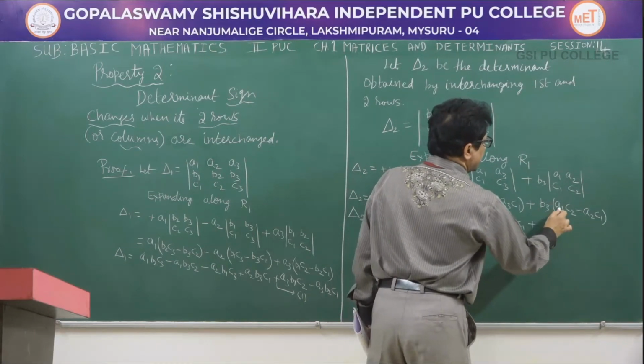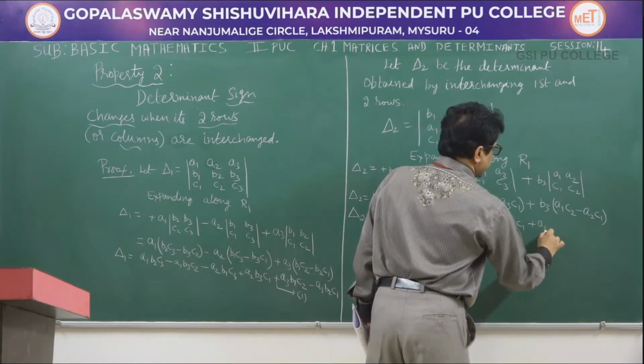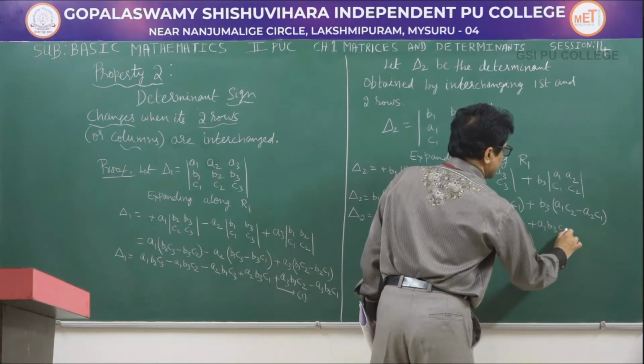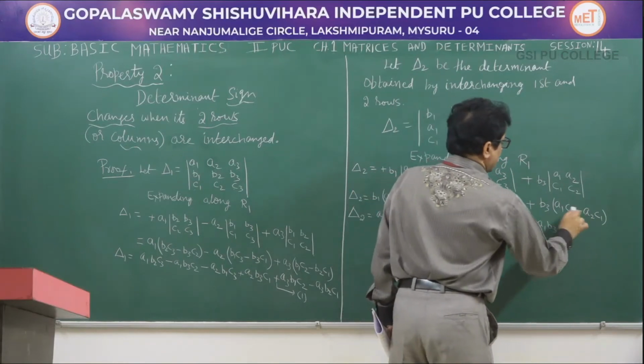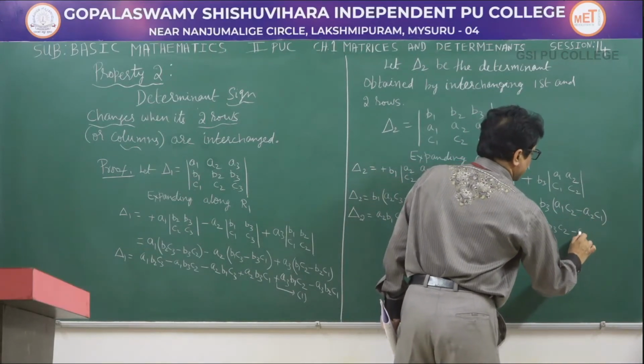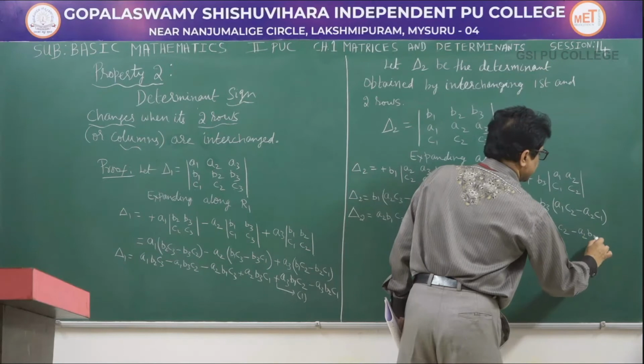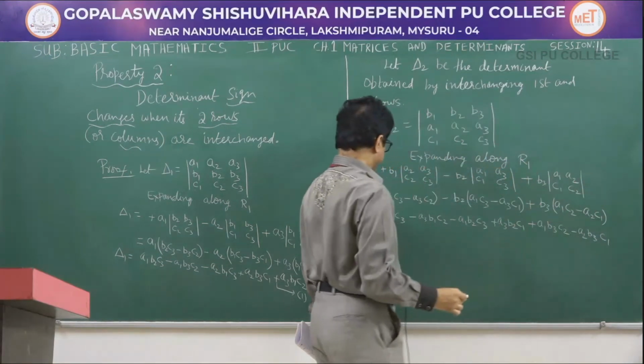Plus B3 into A1 C2, we get A1 B3 C2. So plus into minus, minus. So B3 into A2 C1, we get A2 B3 C1.